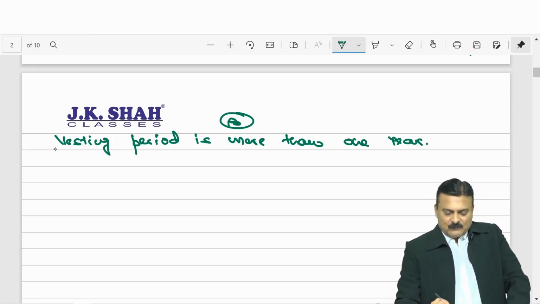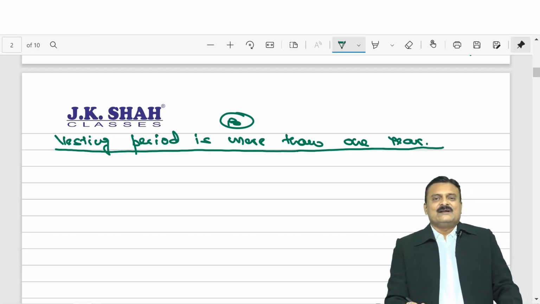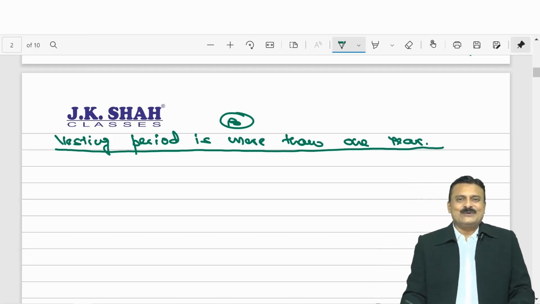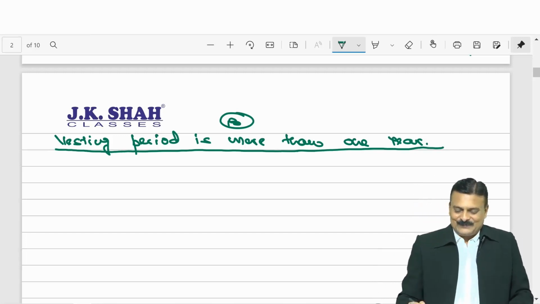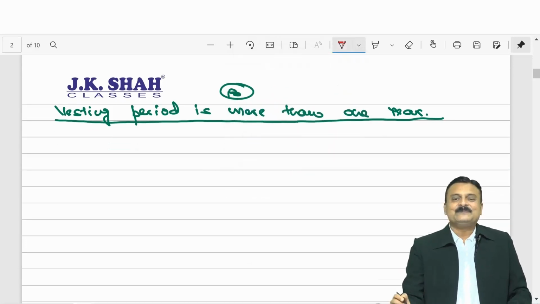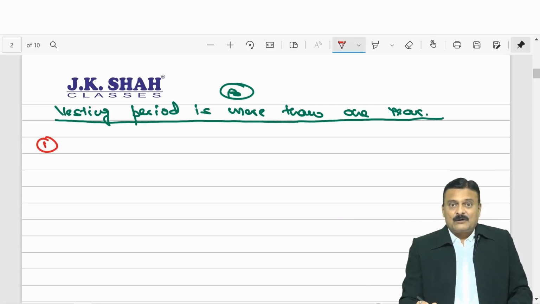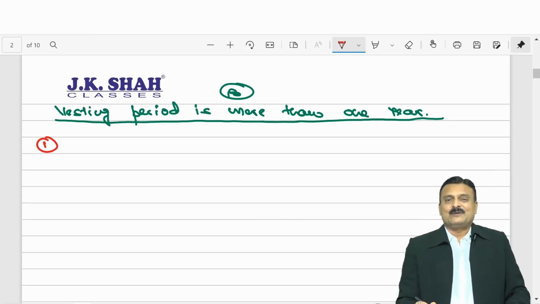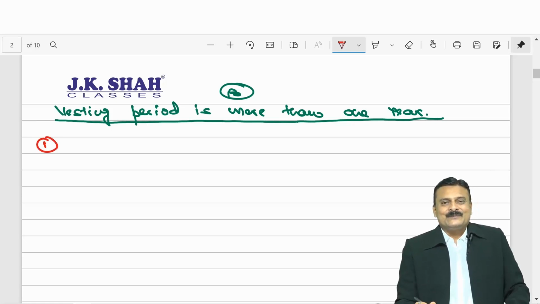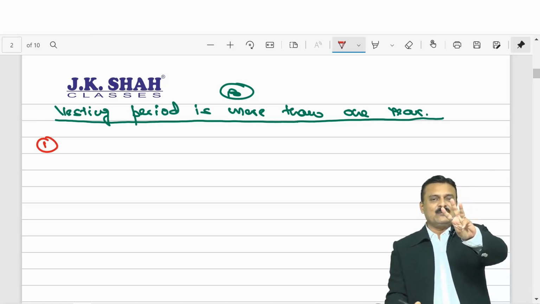in that case, what entry shall we pass? I told you the expense has to be bifurcated, allocated over the vesting period. The journal entries under this situation can be like this. Entry number 1, for the proportionate expense of the current year. So what is proportionate expense? At the rate of 30 for 1 year.